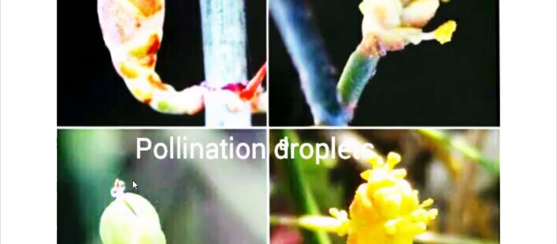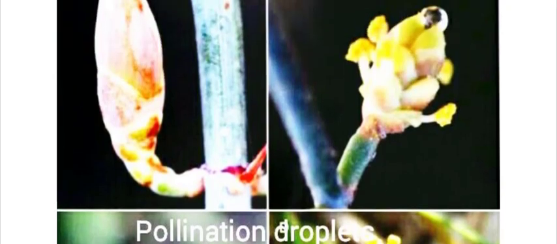This is also a pollination droplet, and when the pollen grains fall on it, they are attached to it, and this pollination droplet enters through the micropyle and reaches the female gametophyte.